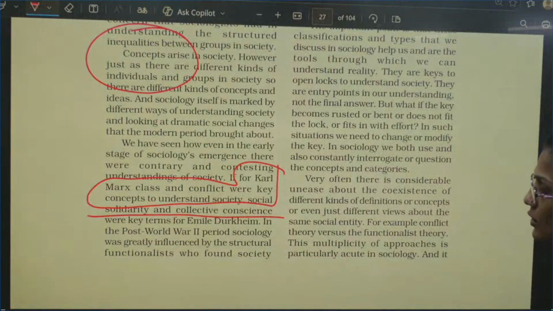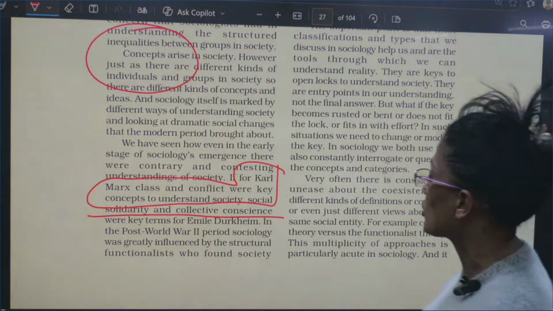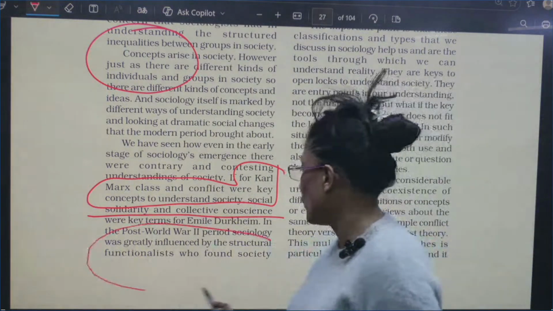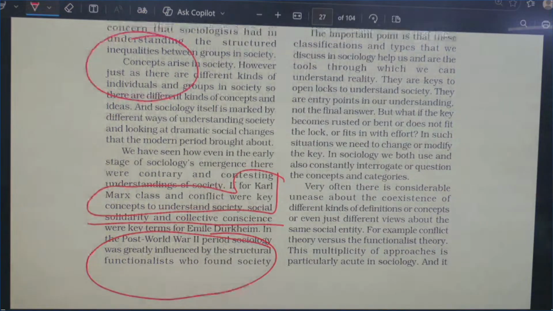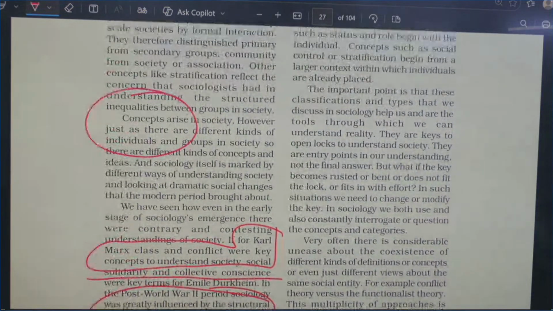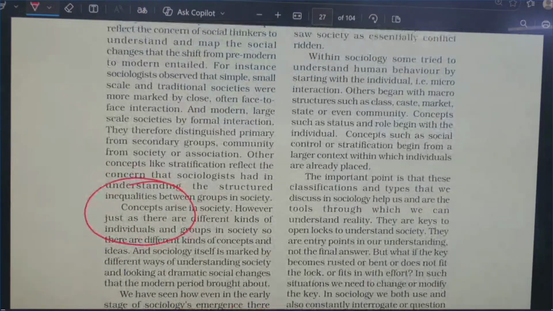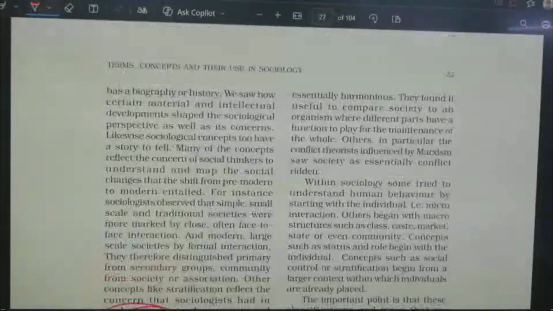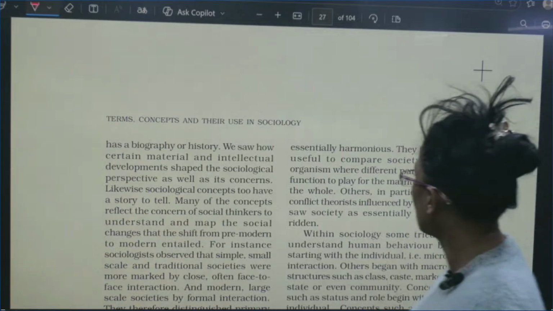In the post World War II period, sociology was greatly influenced by structural functionalism. Now when I say structural functionalism, it is again a theory made up of concepts like functionalism. So write down structural functionalism, and you should be clear with the theory of functionalism.